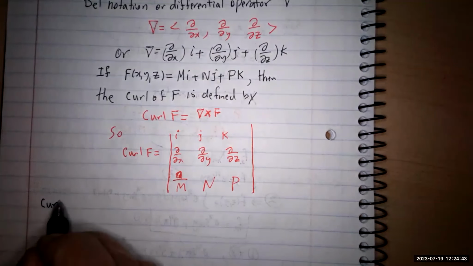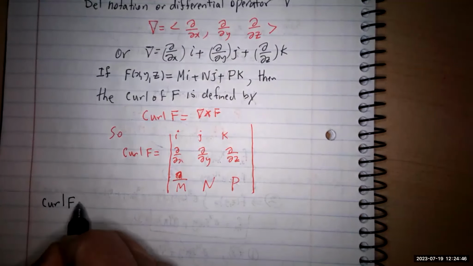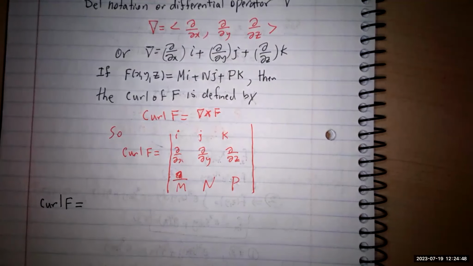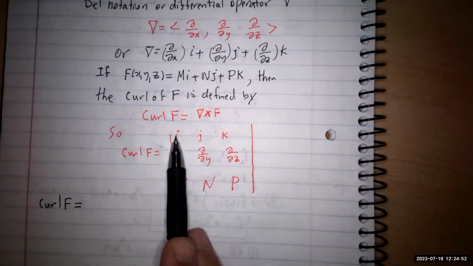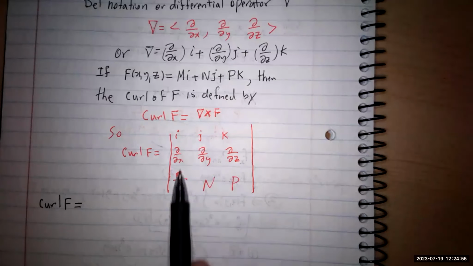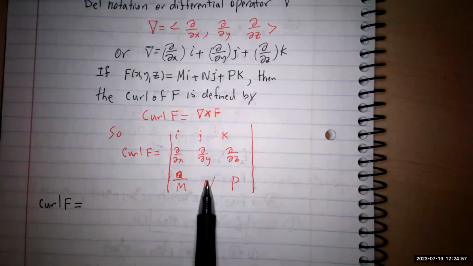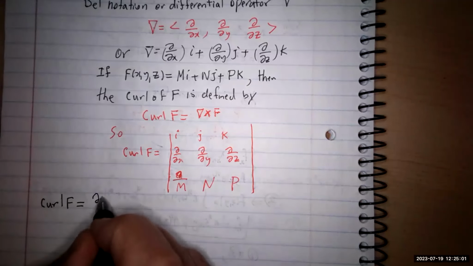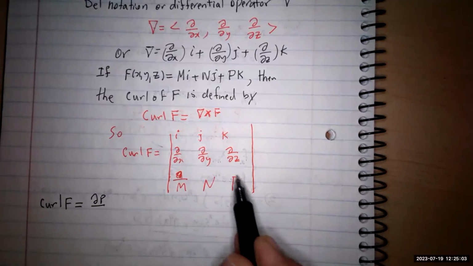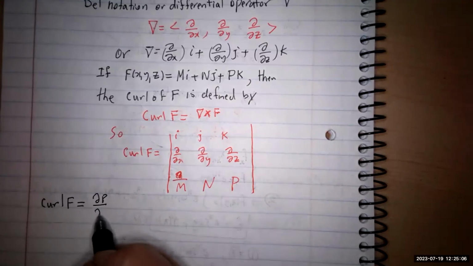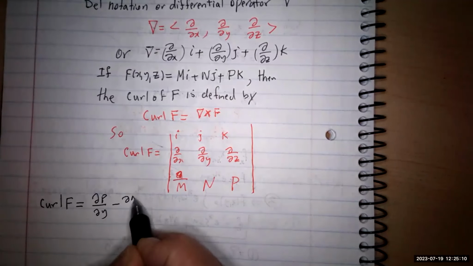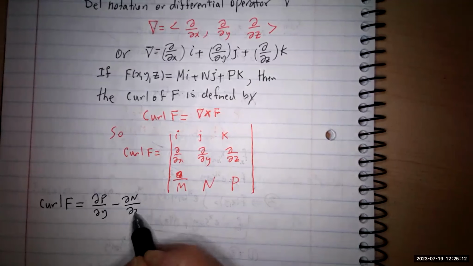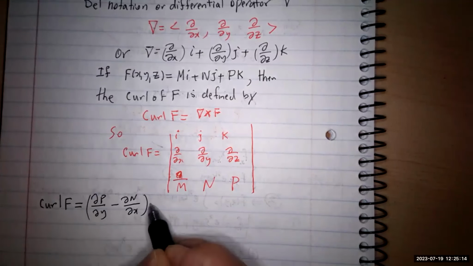What is going to be the curl of F is equal to, remember, this is going to be i, j, k. So it's going to be i, you eliminate the first row and the first column, and you get this one. So you get round P, we compare P and N, round P round y minus round N round x times i.